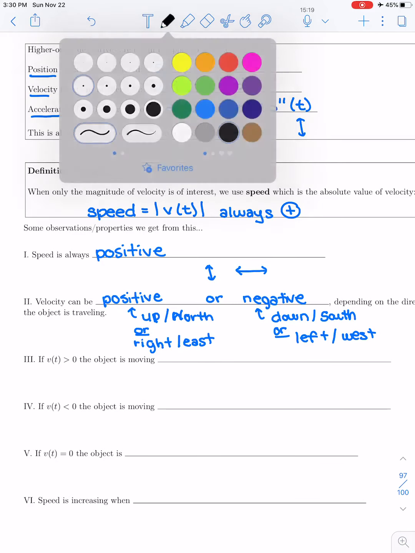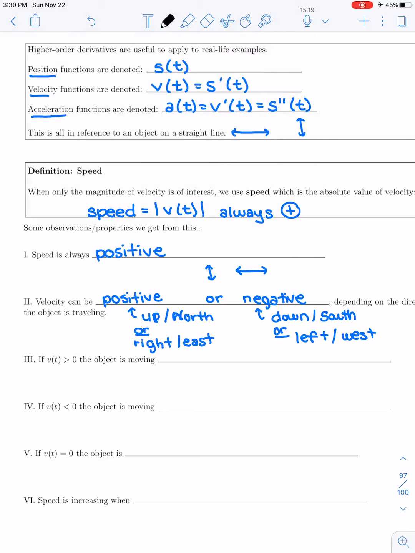So one thing we can conclude then is that if we plug in a t, any time, to velocity and it's bigger than 0, so bigger than 0 means it's positive, it means the object is either moving up or to the north if it's a vertical line, or it could be right or east if it's a horizontal line.